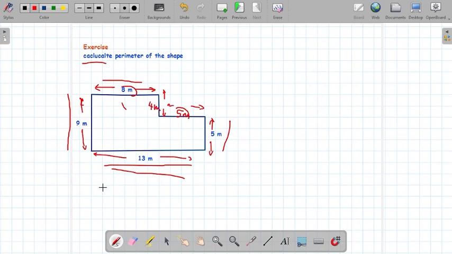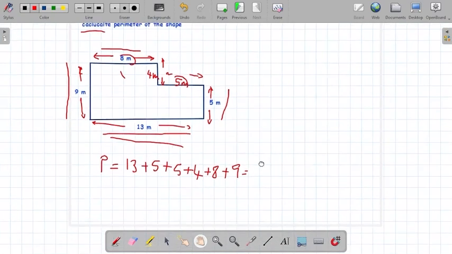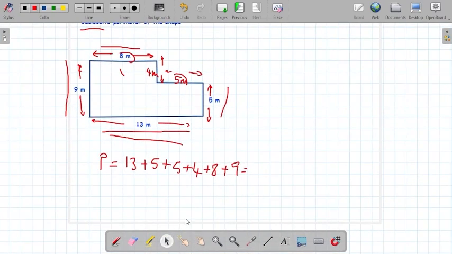Now I try to write all the sides. So the perimeter will be equal to all the sides. It will be 13 plus 5 plus 5 plus 4 plus 8 plus 9, and I find the total answer. So we will try to bring this up a little bit to do the calculation.